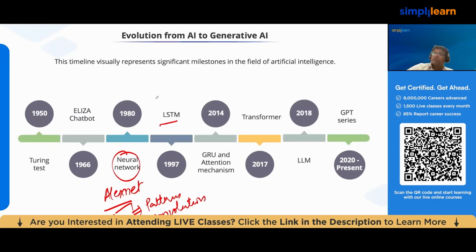Then came LSTMs, and we also have RNNs. The major disadvantage of neural networks was that they had a fixed length input. Time series and NLP or text data could not be passed into a convolutional neural network, because it cannot process sequential data.